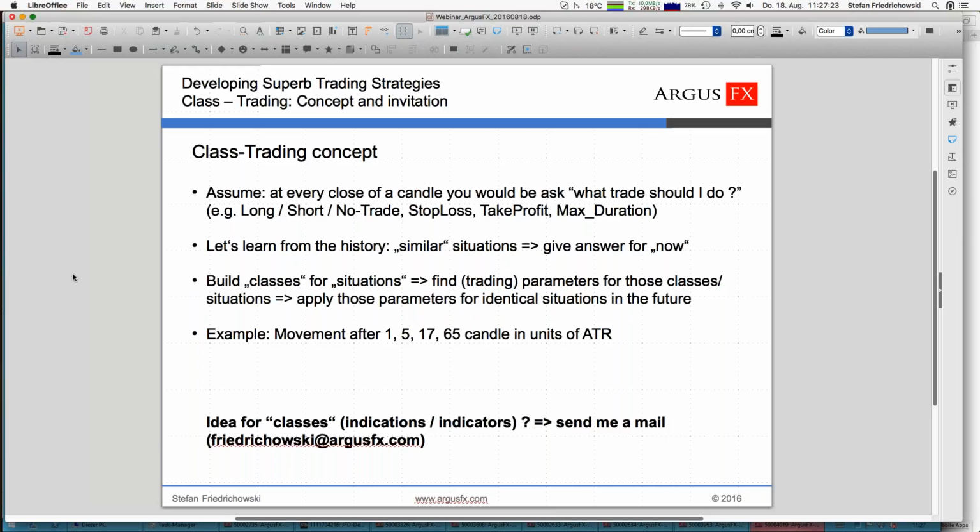And you might think, whenever a candle closes, so we come to 11 o'clock, 12 o'clock, 1 o'clock, and so on and so on, and maybe you do, exactly that kind of question: what trade should I enter? What trade can I do? And in principle, we have those three answers. We enter a long trade, we enter a short trade, or we go for no trade.